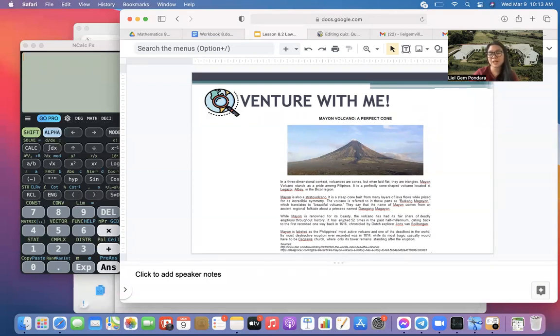That's why it becomes one of our tourist attractions. You can read here, also in the module, the legend of the Mayon Volcano. Actually, they say it's one of the love stories that you can read about a legend.